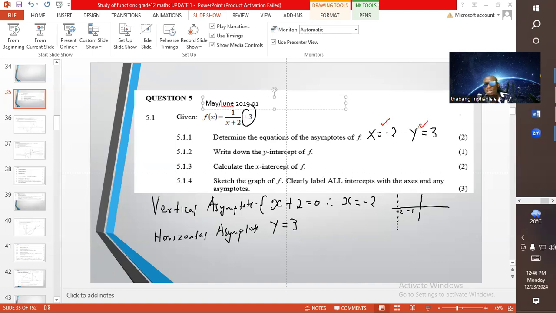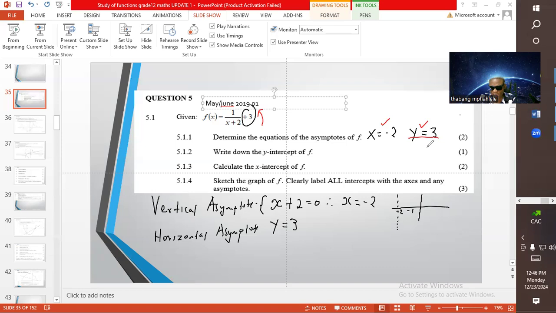So we wanted the equation of the asymptotes of f, a hyperbola function, which has two asymptotes: the vertical asymptote, which is the x asymptote, and the horizontal asymptote, which is the y asymptote. The y asymptote was actually the easiest. This number at the end here, this 3, is the y asymptote. That is why I'm saying y equals 3.